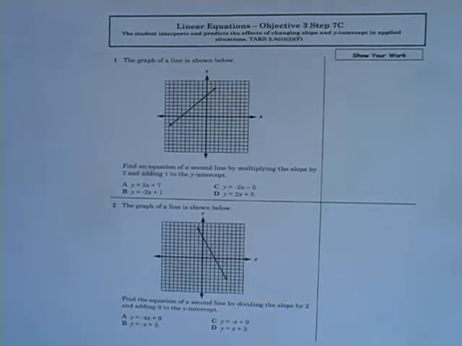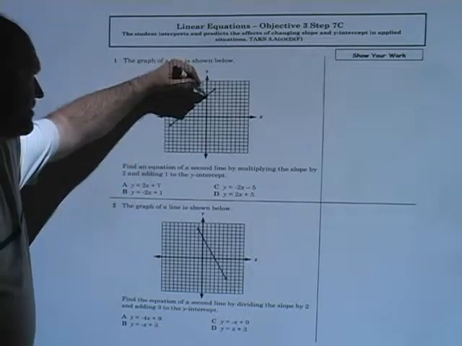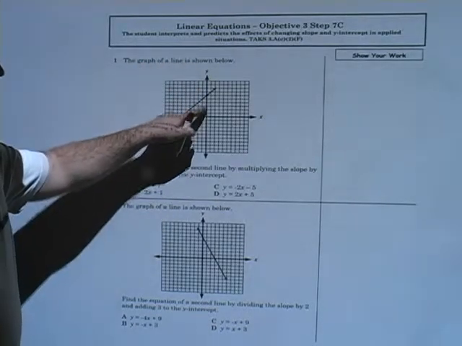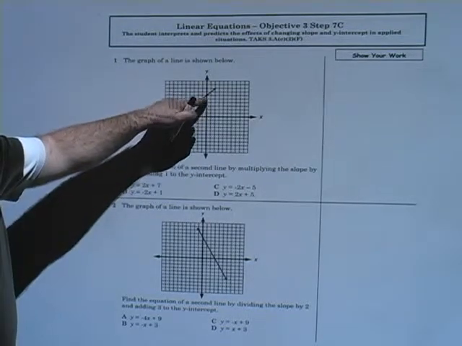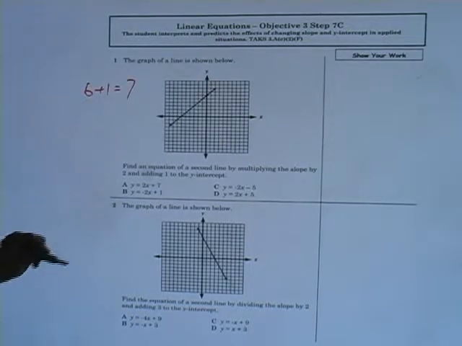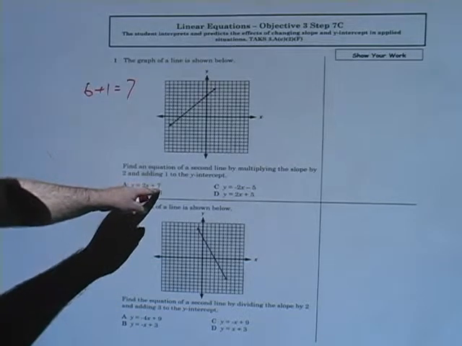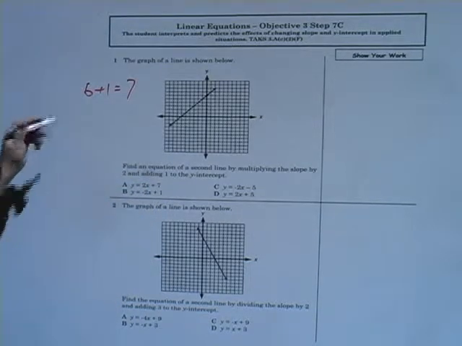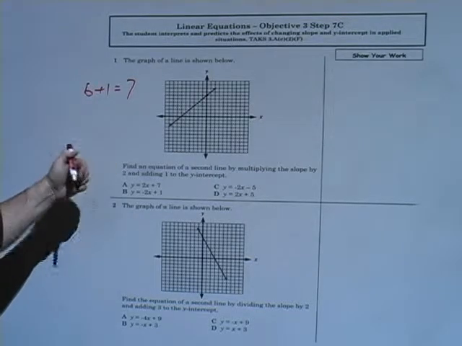Okay, we're going to multiply the slope by 2, add 1 to the y-intercept. Our y-intercept is 6. We're going to add 1 to that. Our new y-intercept will be 7. You can tell right away this is going to be your answer. Okay. Our slope, go ahead and look at it.